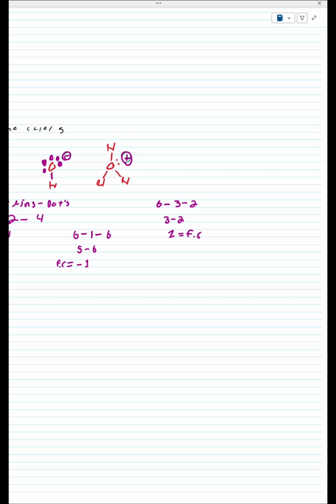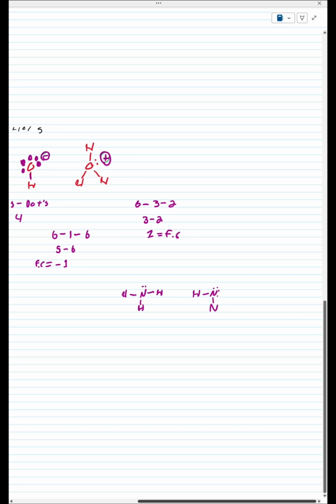So for example, if I were to give you nitrogen, what I'm showing you right now are going to be your major chemicals you see throughout all of organic chemistry.